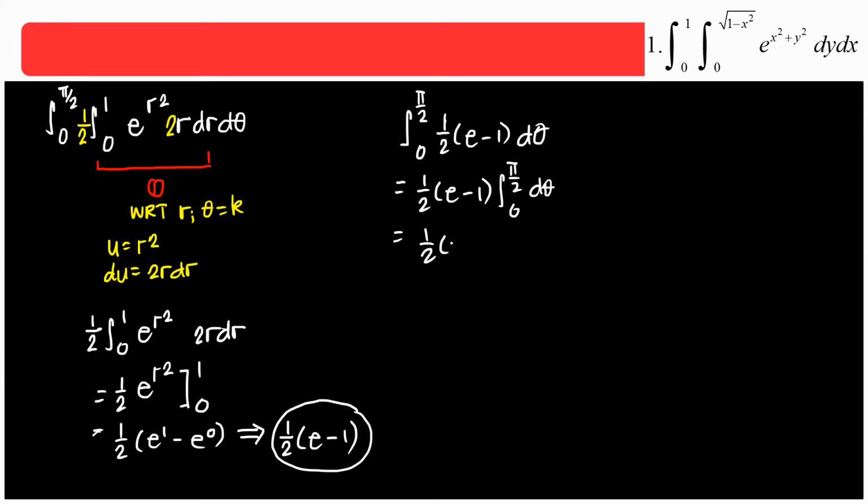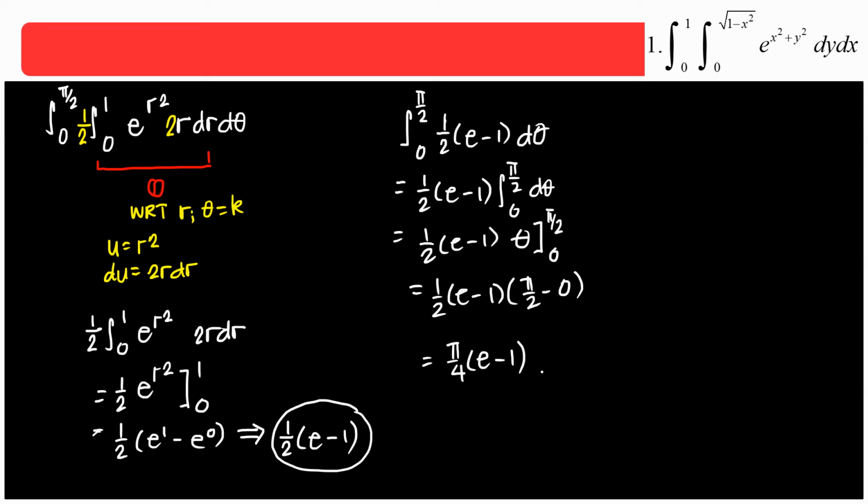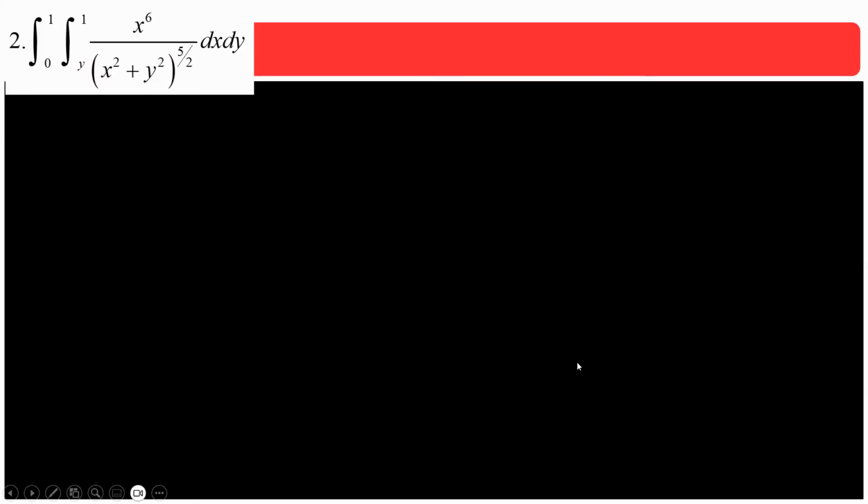So that's 1/2 (e minus 1) theta from 0 to pi over 2. 1/2 (e minus 1) of pi over 2 minus 0, or simply pi over 4 (e minus 1) would be your final answer, number 2.